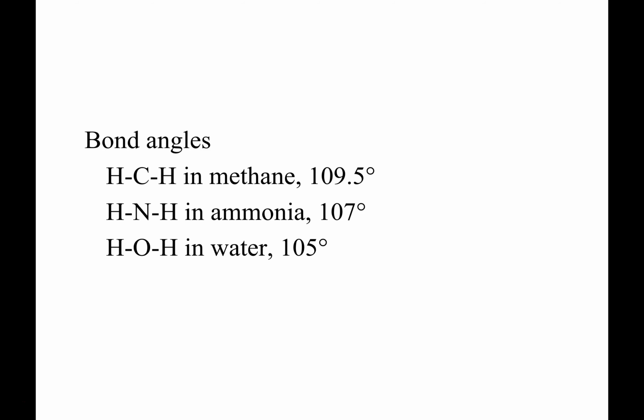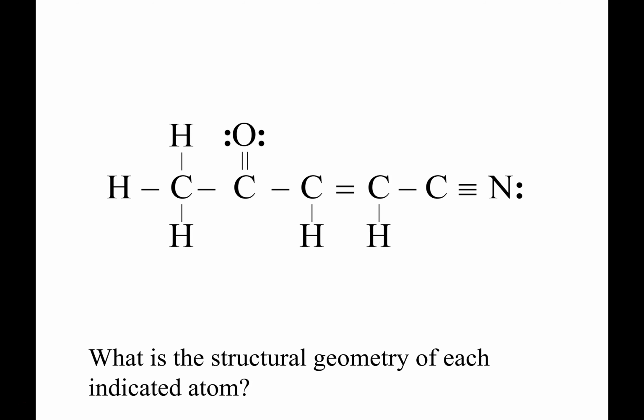So 109.5 in methane, that's great. You add 1 lone pair electron around the central nitrogen atom, you're looking at 107. You add 2 lone pair electrons around the oxygen atom, and you're looking at 105. But again, on a test or homework, please tell me that it's 109.5. All right.